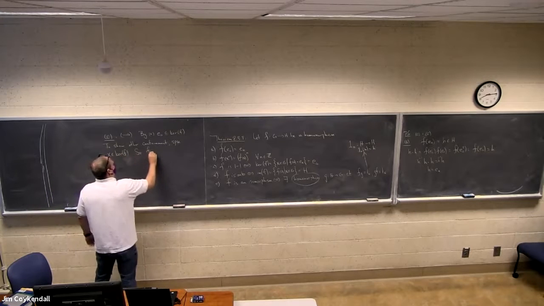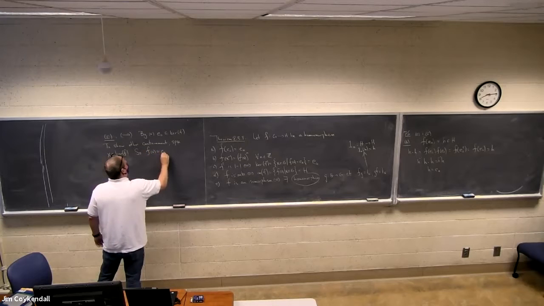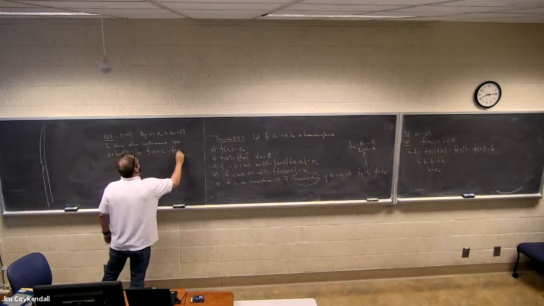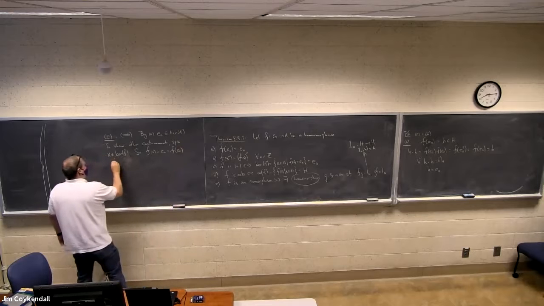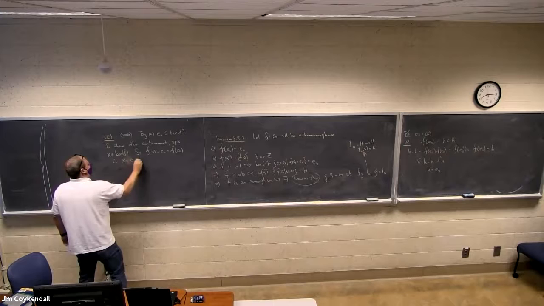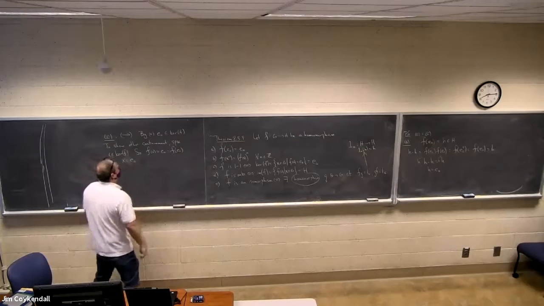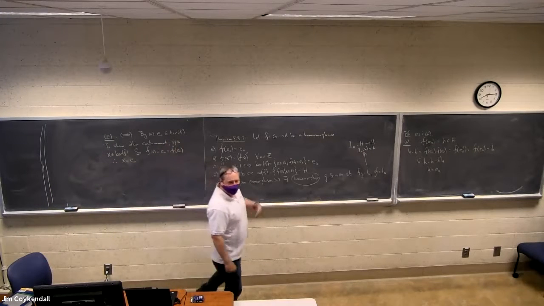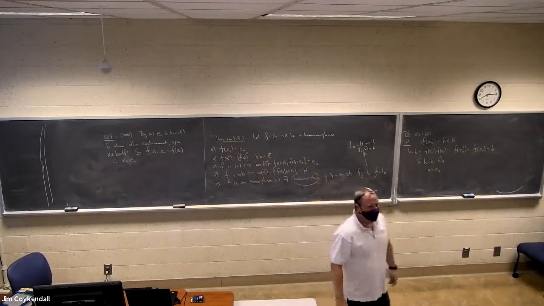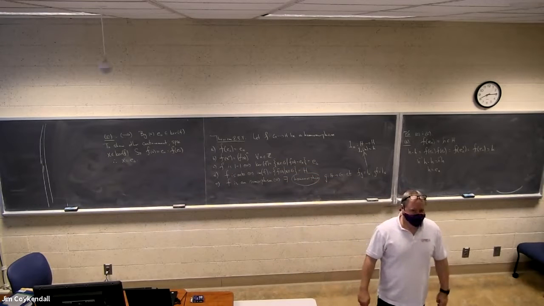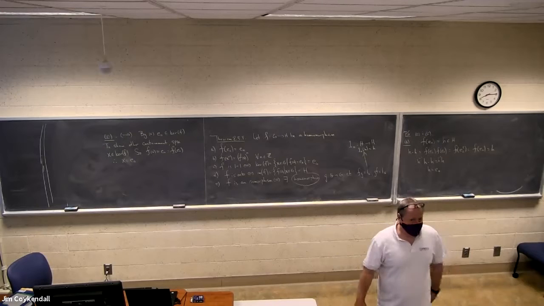So f of x is the identity of H, but this is f of e_G as well. Therefore, x equals e_G. And there you go. So now everything that's in the kernel has to be the identity of G. Okay with that? What have you done so far?